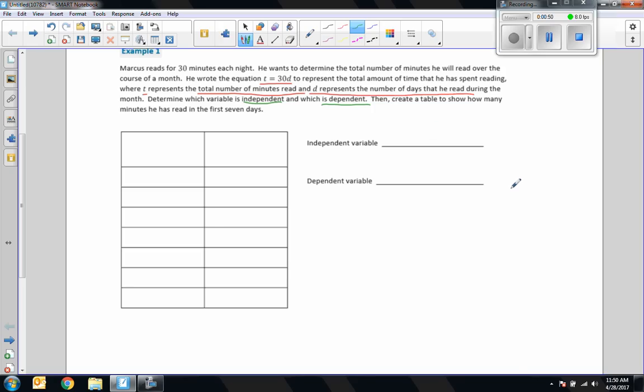So if something depends on something else, then it is dependent. So, for example, I am a dependent of the U.S. Navy because my wife is in the military, and therefore I am a Navy dependent. I cannot go on base unless I'm in the military or I am a dependent.